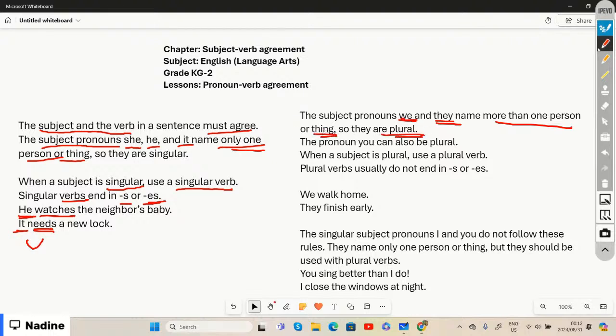So once again, if we have a subject that is, for example, she, he, it. So we say the subject pronoun, which is we and they.